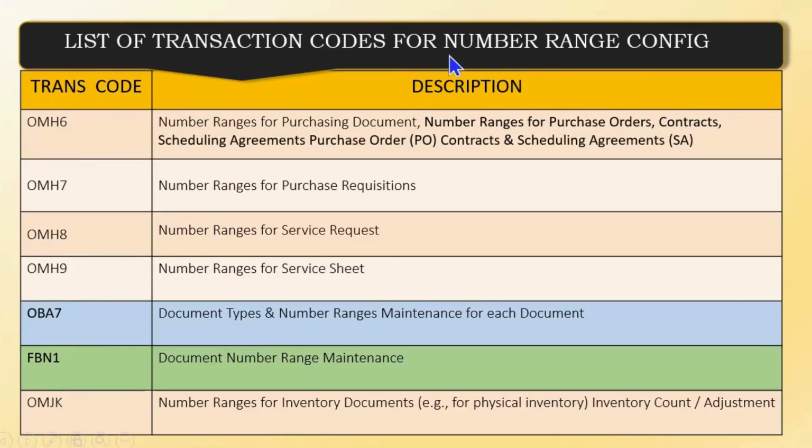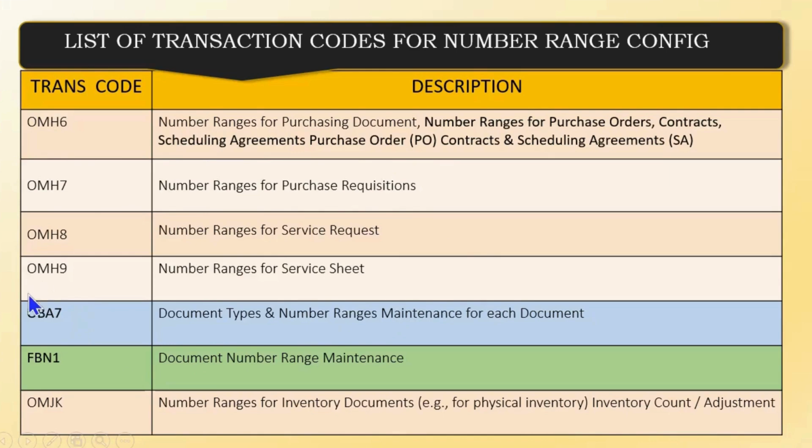List of transaction codes for number range configuration. Users, when you want to create and configure the number ranges, these are the transaction codes. Some of the transaction codes I have picked up here. These are the important transaction codes for the number range.